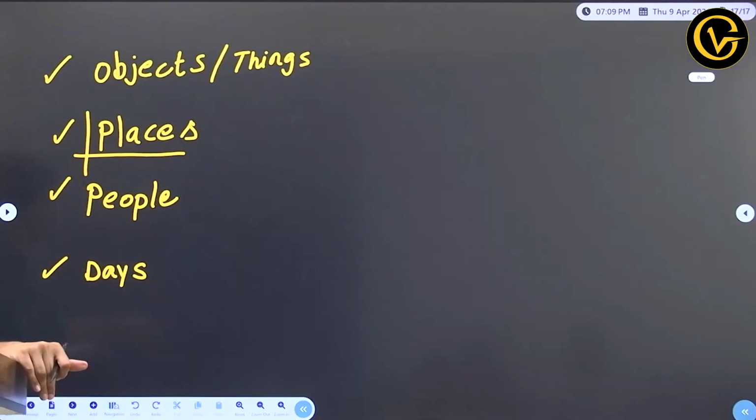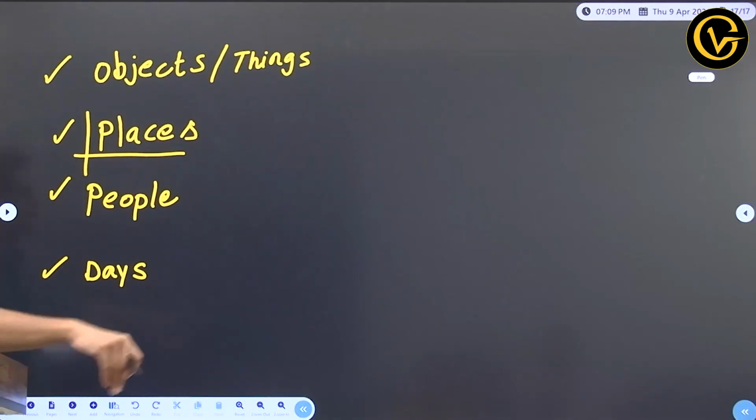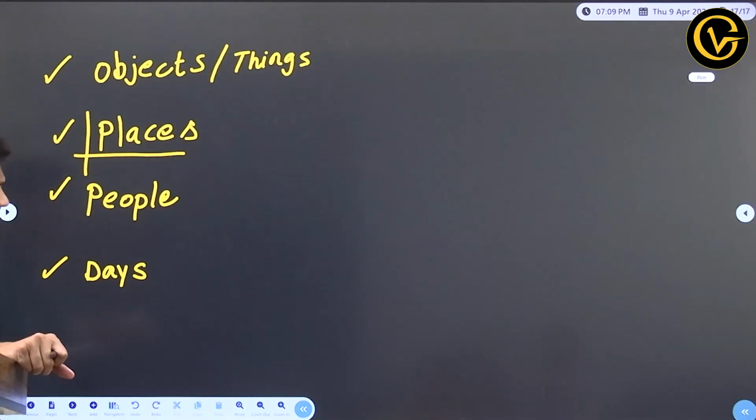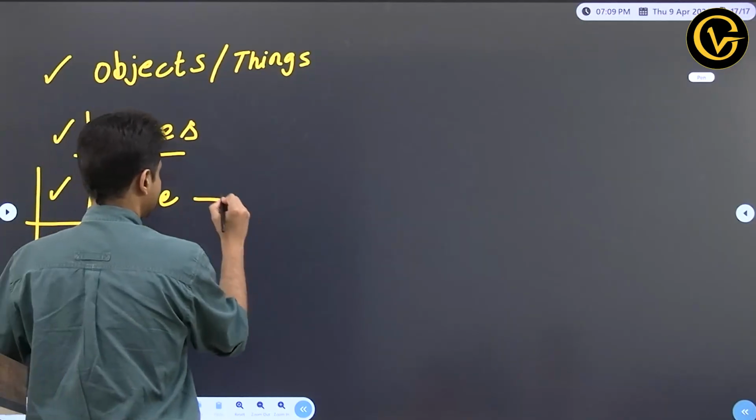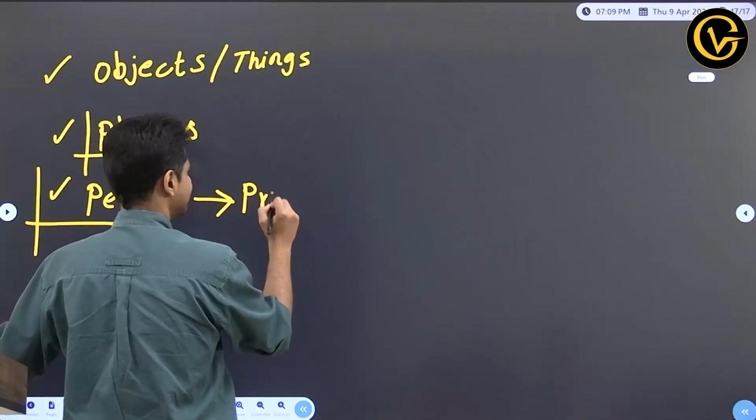Tirumala is sacred. Vijayawada may or may not be sacred. Of course, Vijayawada has Bhavani temple. Or maybe let's take some other place, Guntur. Guntur may or may not be sacred. But Tirumala is definitely sacred. Some people are considered sacred, let's say a priest in the temple.